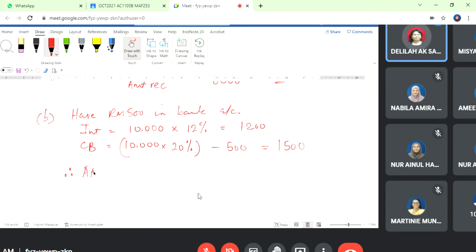So the amount received is the $10,000 yang dipinjam minus the new compensating balance of 1,500. That means you will receive 8,500 from that bank.